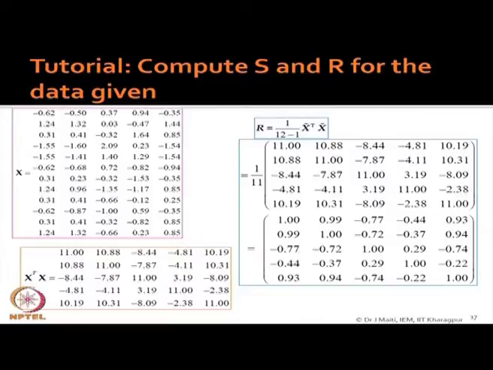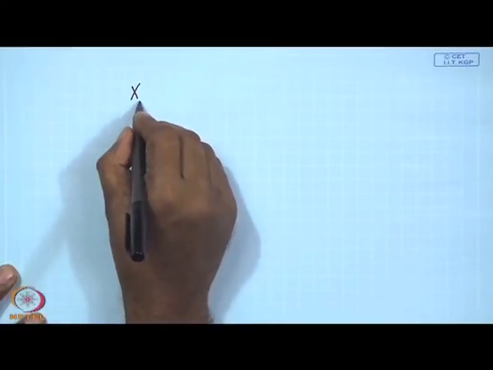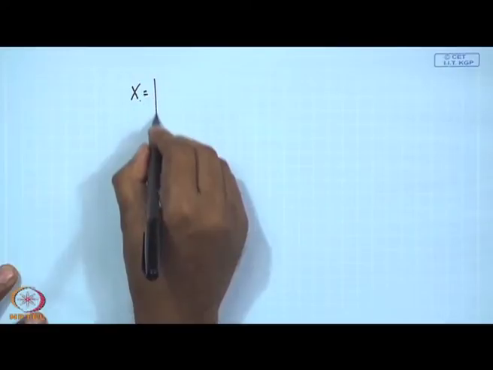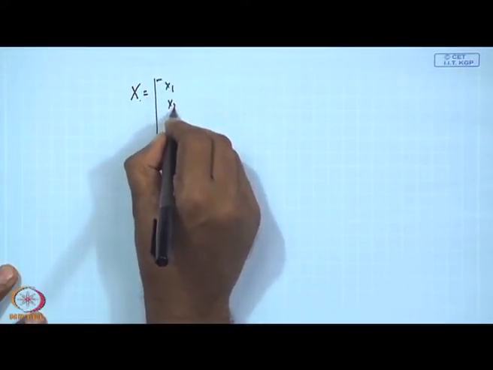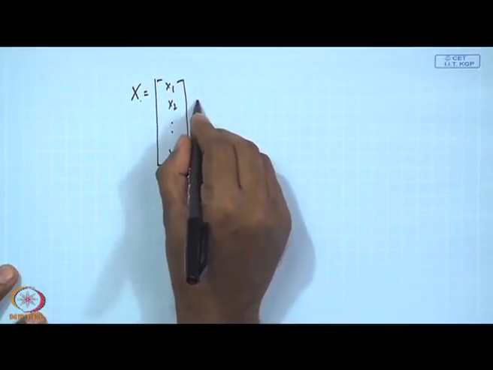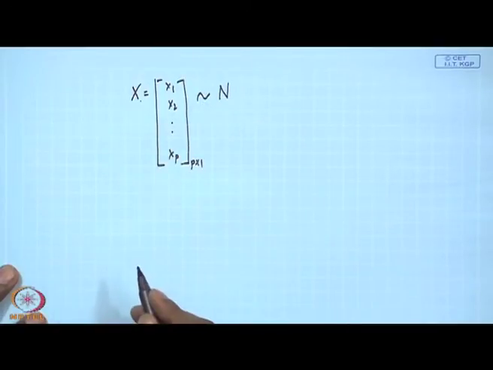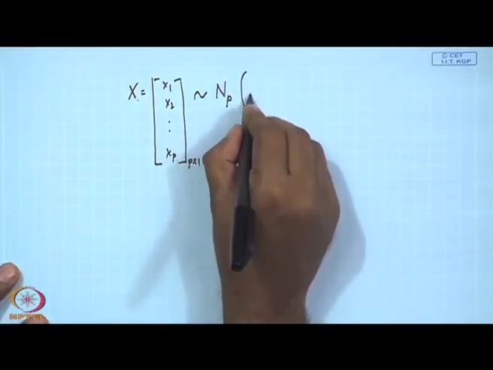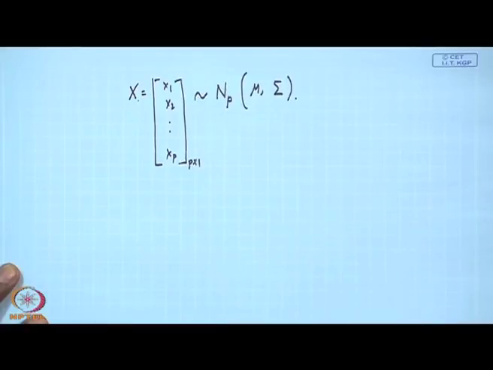Okay. Now we will go to, although next class I will explain in detail when we start the multivariate normal distribution, what we have assumed here: x is a variable vector x1, x2, up to xp, that is p cross 1, and we assume that this follows a multivariate normal distribution, denoted by Np with mu and sigma.